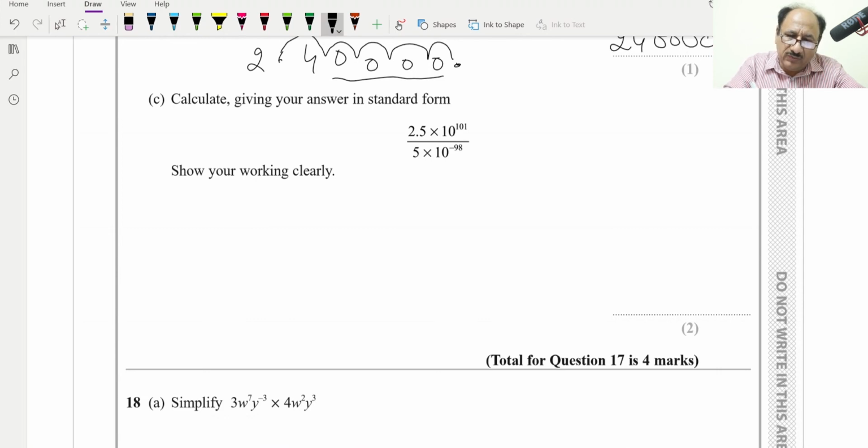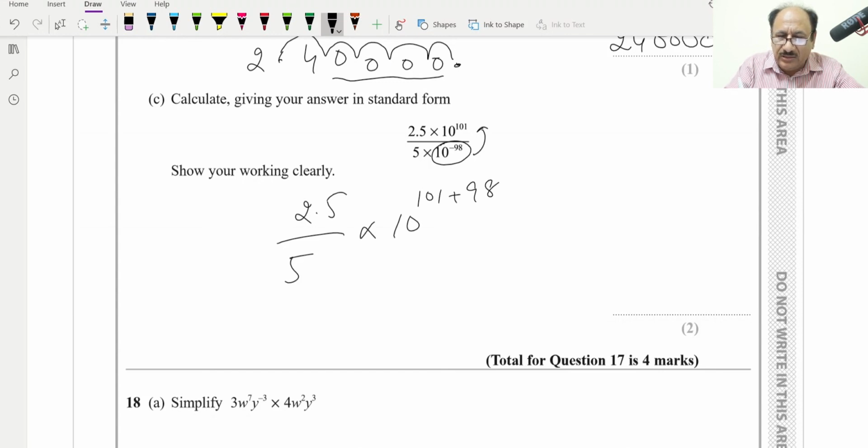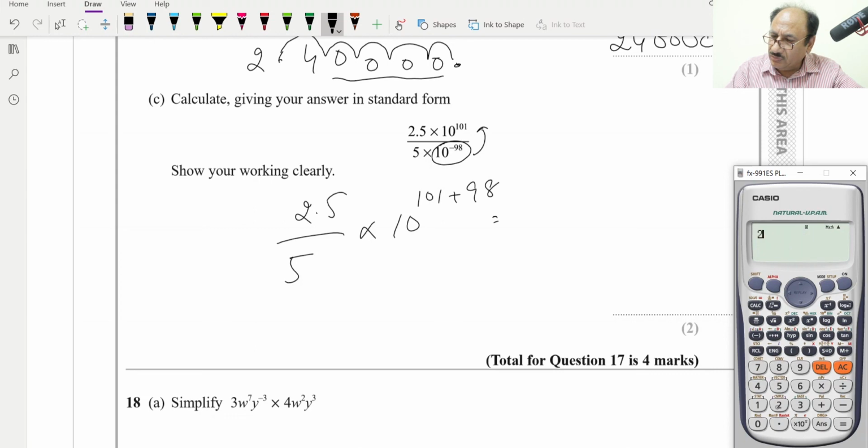For this, what we can do is shift this above, so we can write 2.5 over 5 into 10 raised to the power 101 plus 98, and we can rewrite it as 2.5 divided by 5 is equal to 0.5.